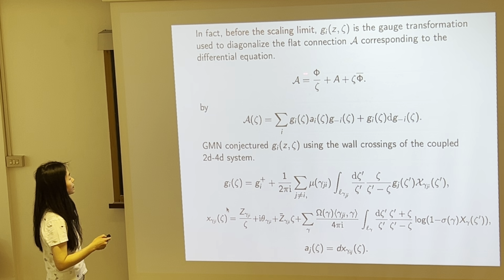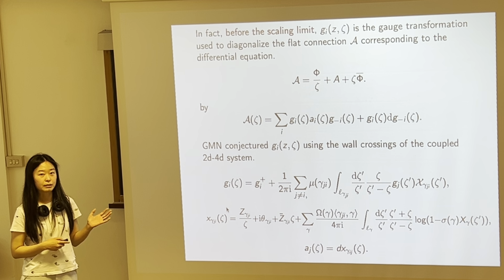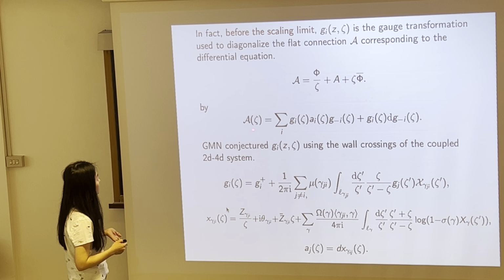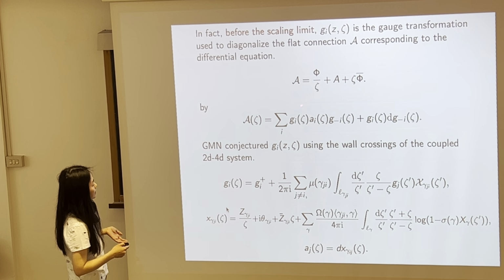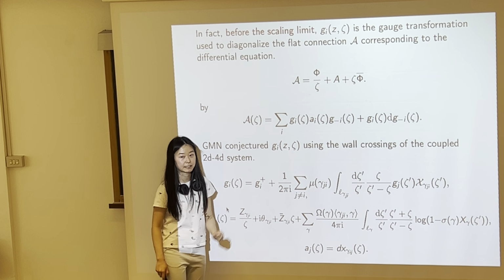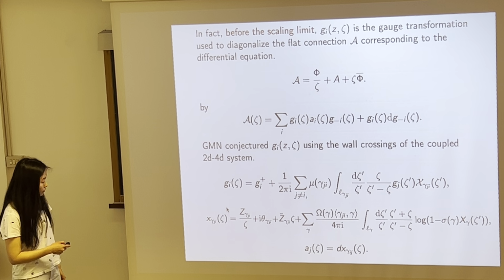And here we mentioned that this flat connection is responsible for producing this second order ODE in the classical limit, in the conformal limit. And here actually the G has a definite meaning, which is that it is just the gauge transformation which diagonalizes this flat connection even before the conformal limit.